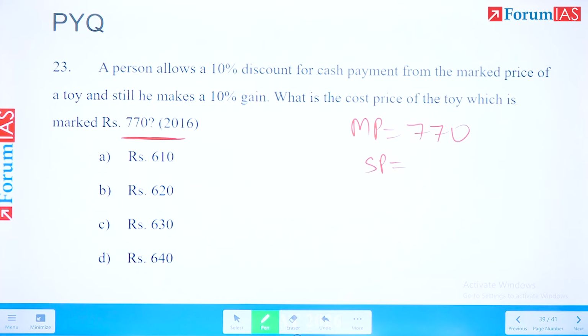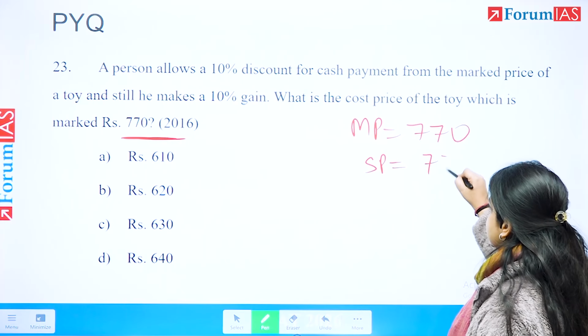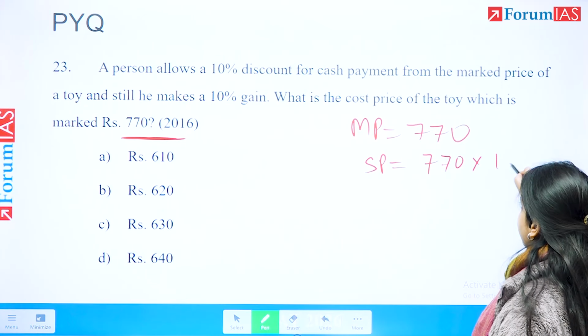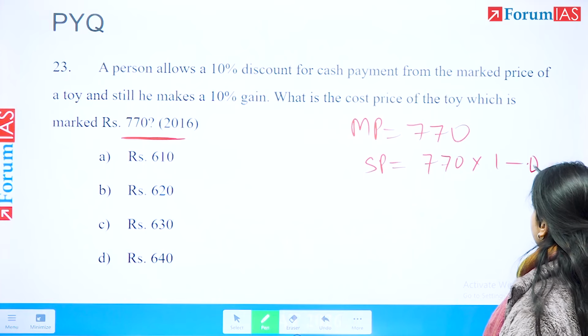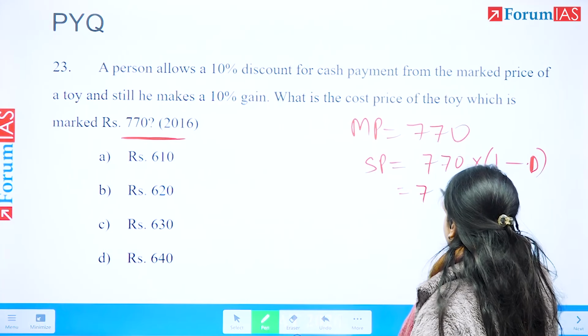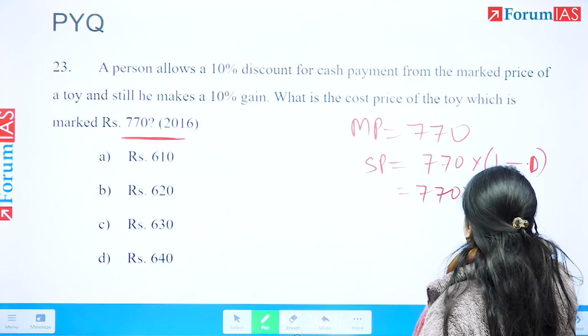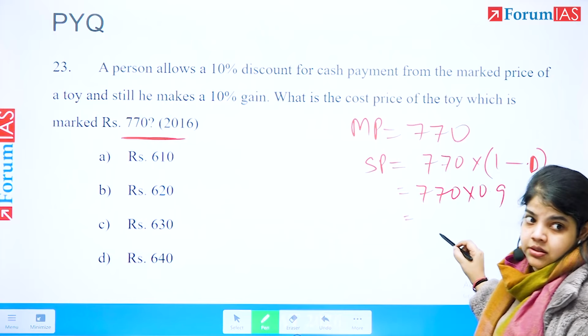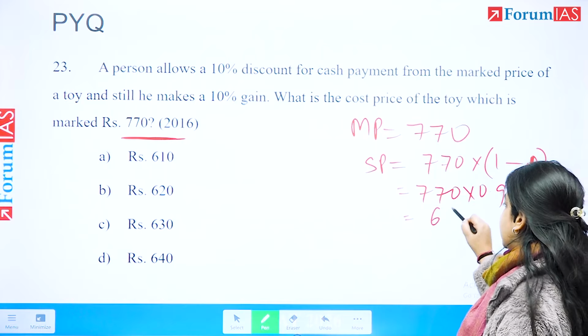Selling price is equal to 770 into 1 minus 10%, 1 minus 0.1, equal to 770 into 0.9, which is equal to 693.